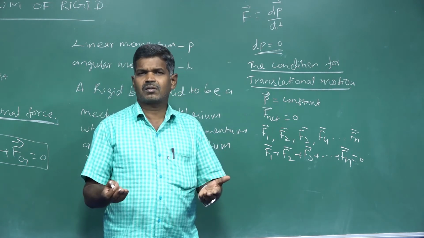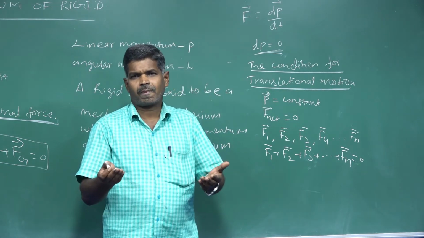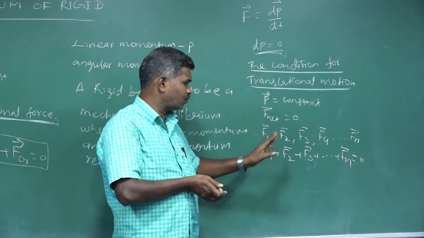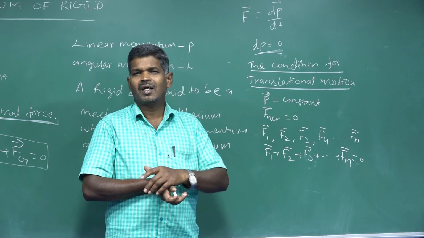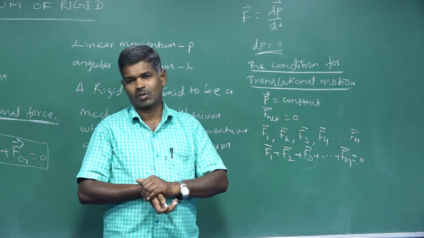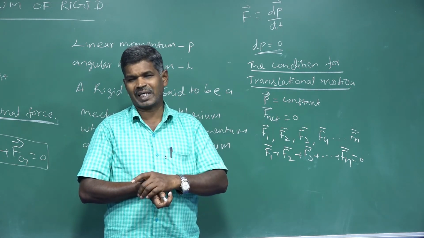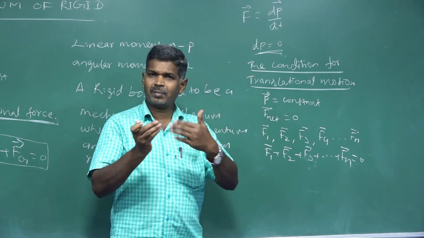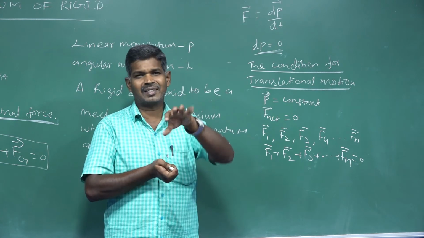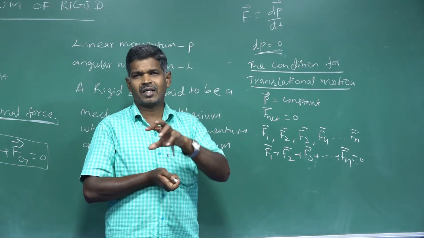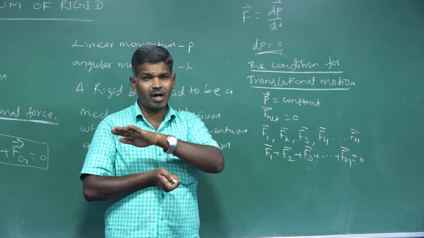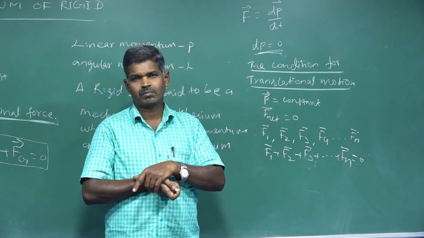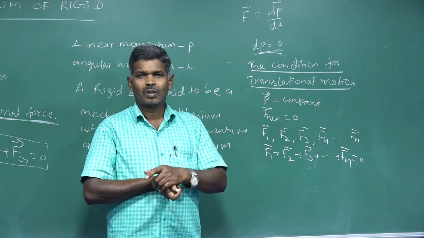The forces need not act in the same direction or in opposite directions. These n forces may act in different directions on an object. All the forces are resolved into two components, x component and y component.